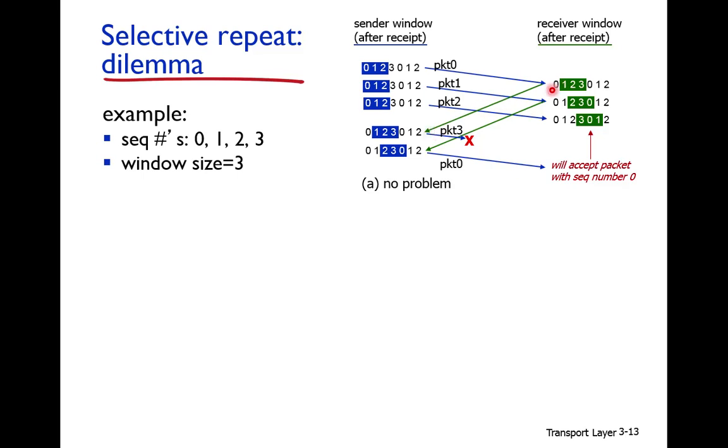So when the receiver receives packet number 0 correctly, it is delivered to the application. The receiver will advance its receive base to 1. Now the receiver is expecting the packet with sequence number 1, the second packet.